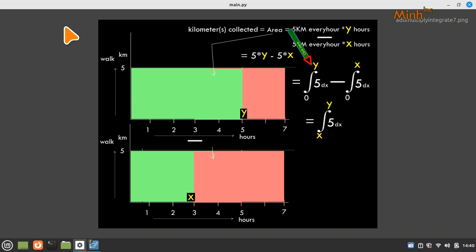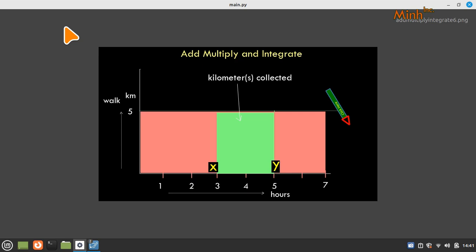So 0 to y is this bigger area, and then 0 to x is the smaller area, what we see in green color. If I subtract these two, then this would lead to the in-between area.